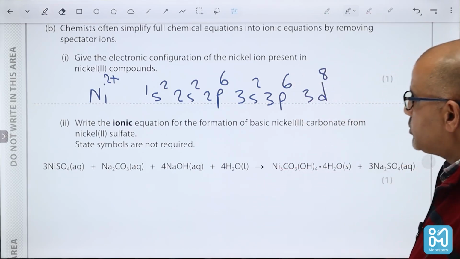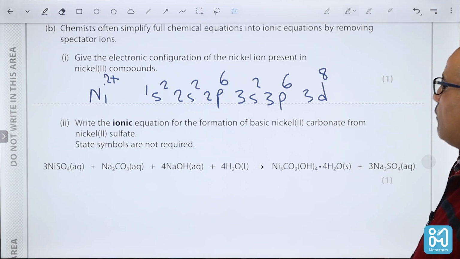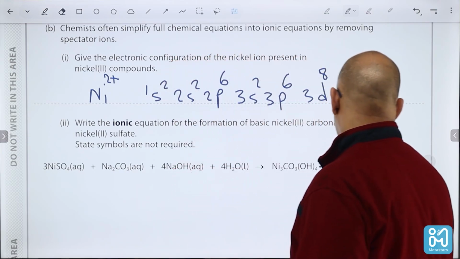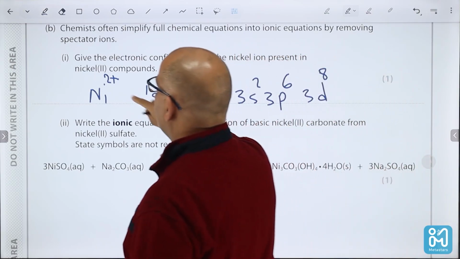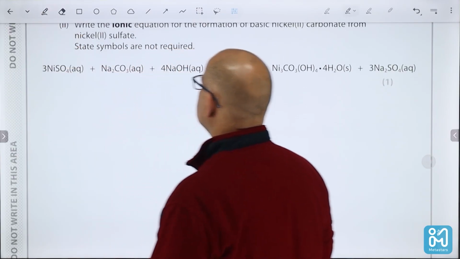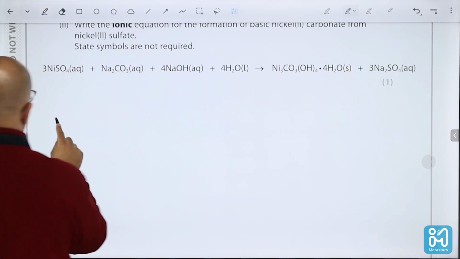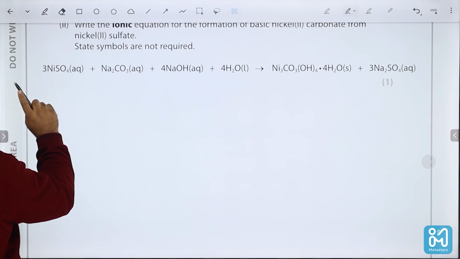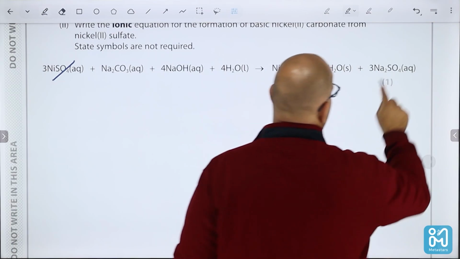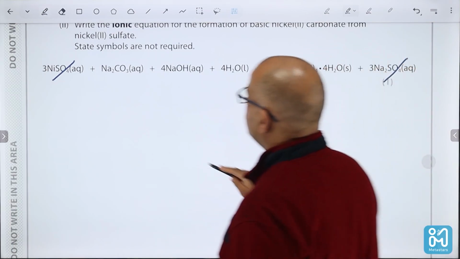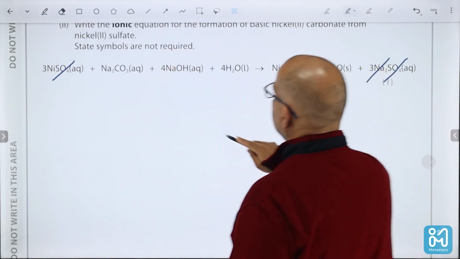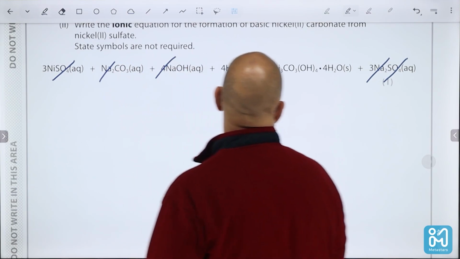Now write the ionic equation for the formation of nickel 2 carbonate from nickel sulfate. State symbols are not required. He gave you the equation, and you can write it without the spectator ions. The sulfate ions are cancelled, and the sodium ions were cancelled from there and there.